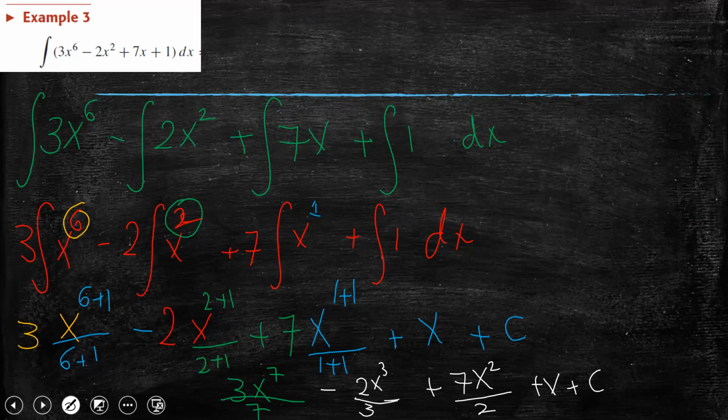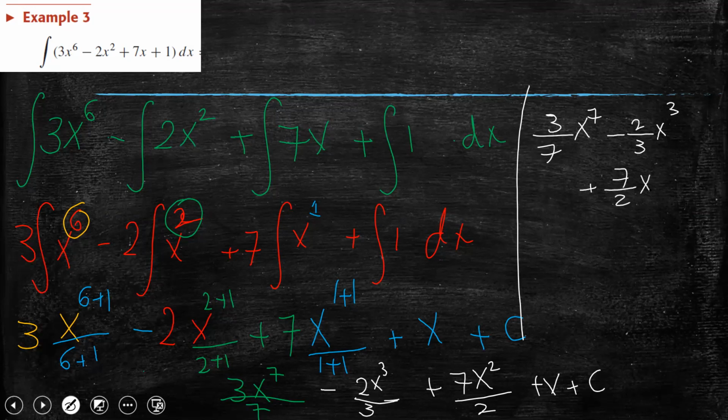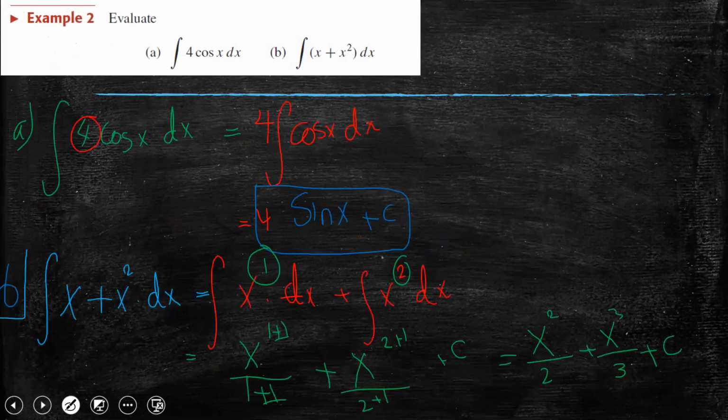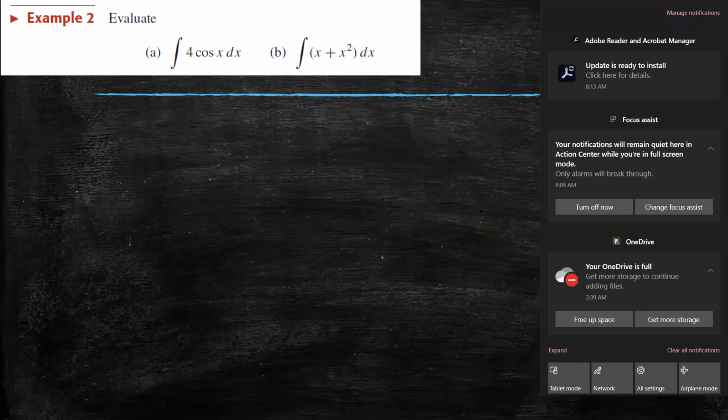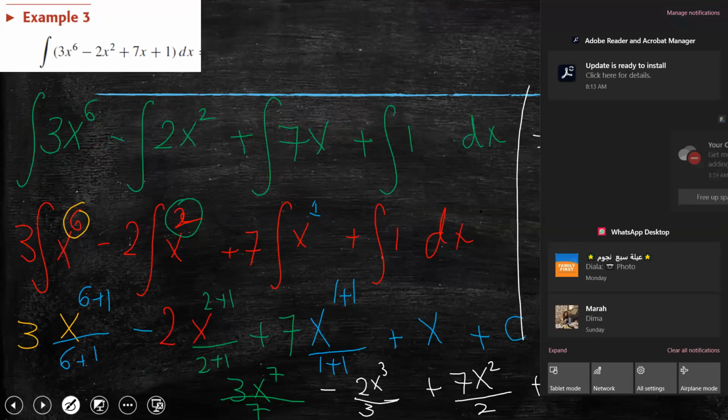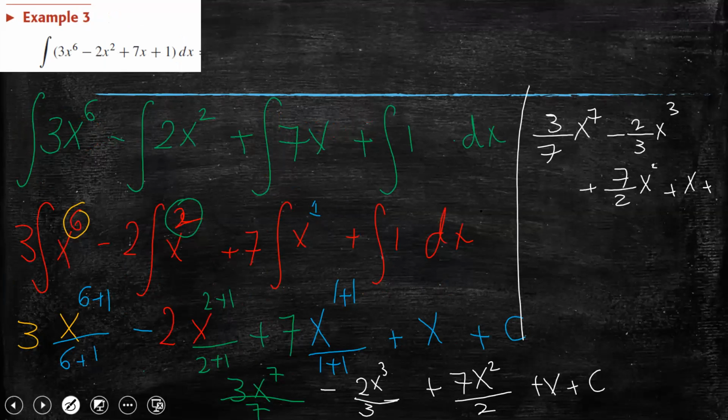So you can write it now as 3 over 7 x to the power 7 minus 2 over 3 x cubed plus 7 over 2 x squared plus x plus c. Is it clear?